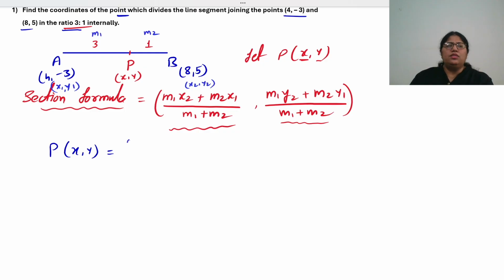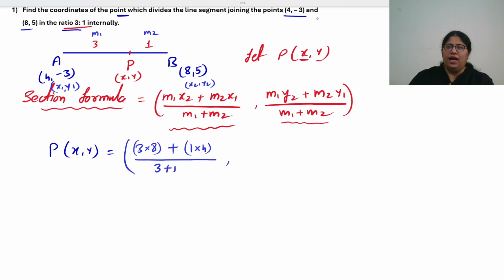Whenever you use this formula, remember the first ratio gets multiplied with the second x coordinate, and the second ratio gets multiplied with the first coordinate. So I write 3 times 8, which is m1 x2, plus 1 times 4, by 3 plus 1, because m1 plus m2.